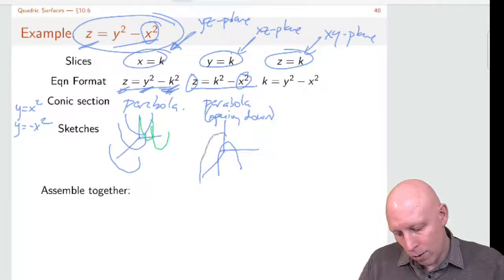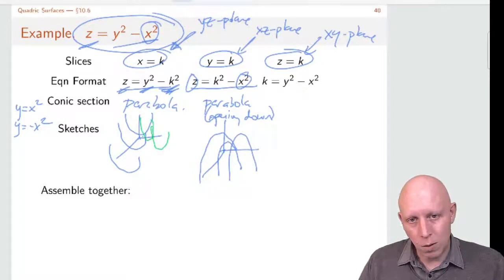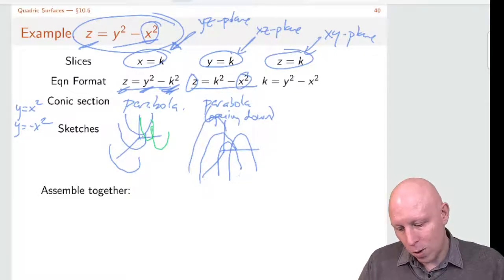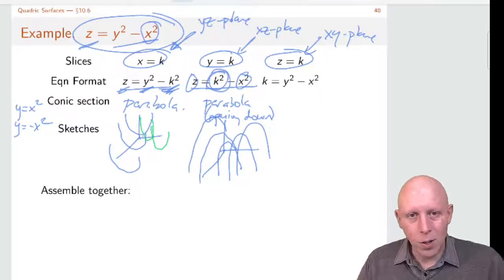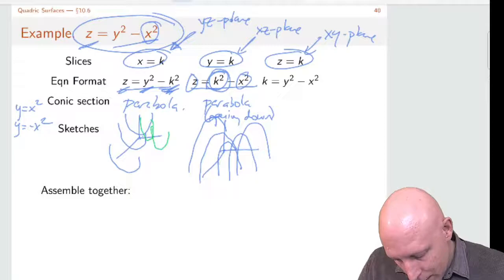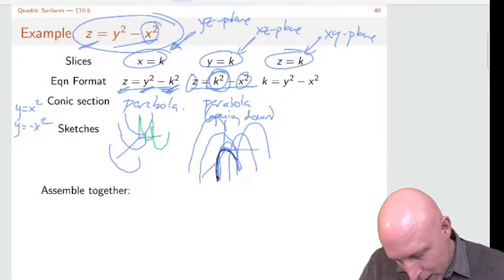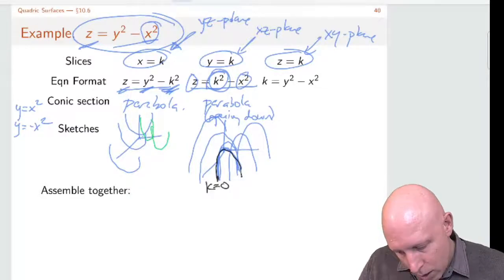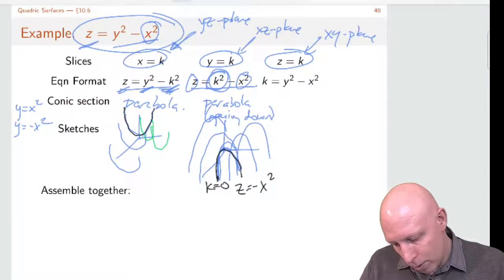But as we get further away from y equals 0, our parabolas go higher because k squared is positive. When k is equal to 0, we get z is equal to negative x squared, whereas here, when k is equal to 0, we get z is equal to y squared.